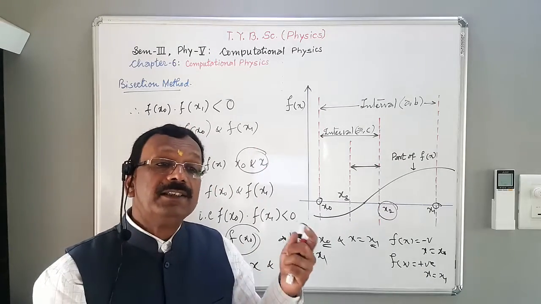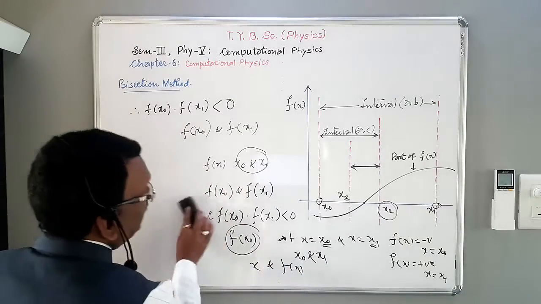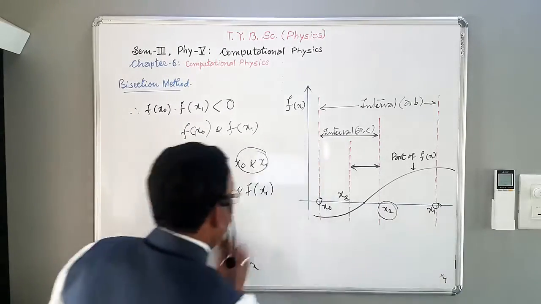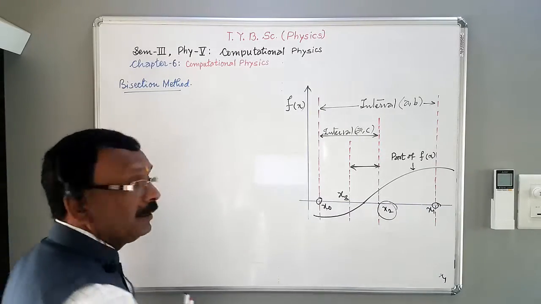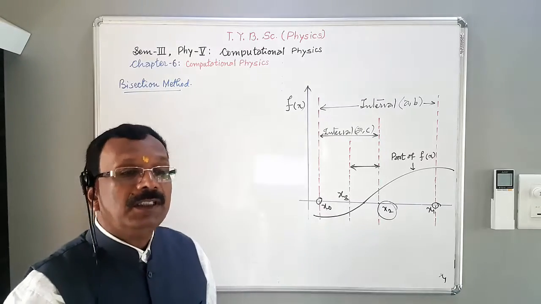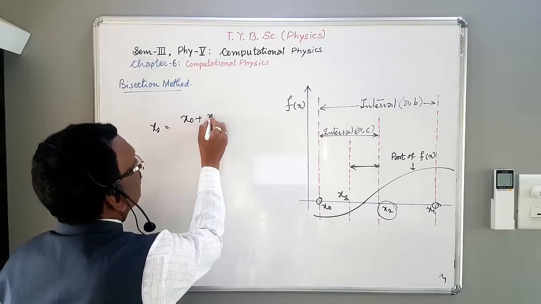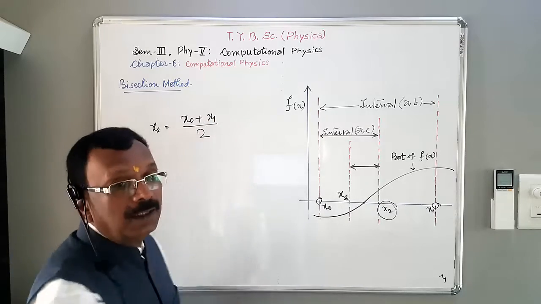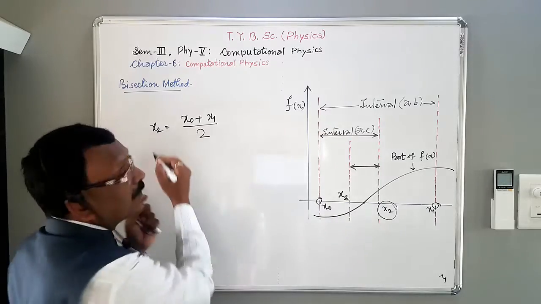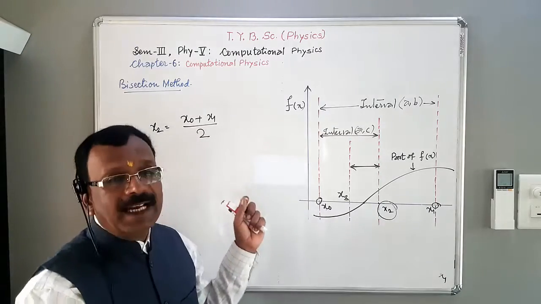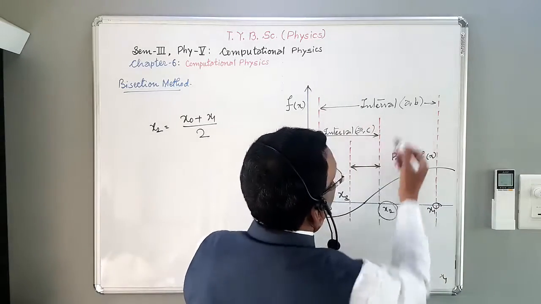Then let us assume another midpoint, say x2, such that x2 is equal to x0 plus x1 upon 2. This is the midpoint, or we can say that point x2 lies exactly in the interval AB.